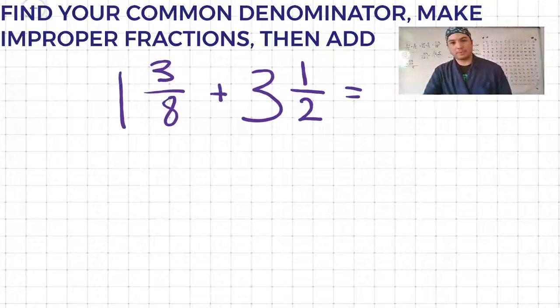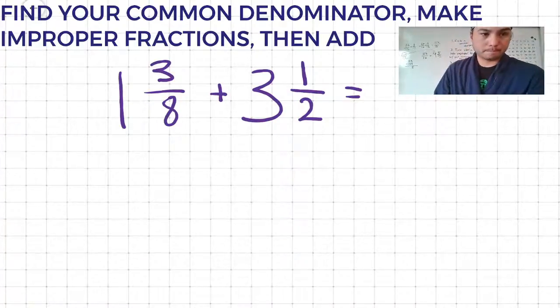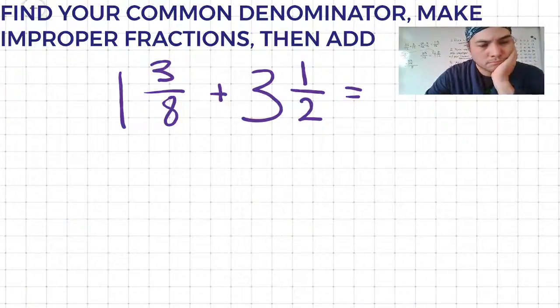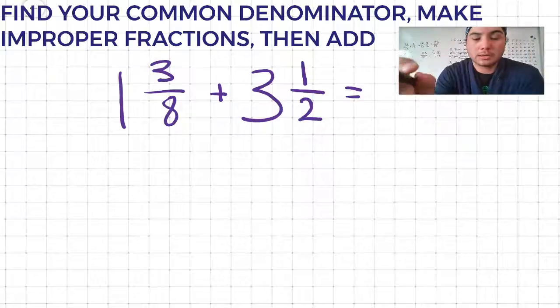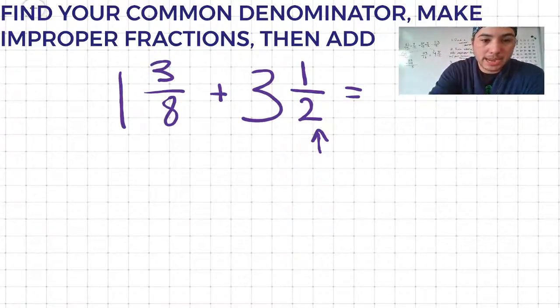So first step, find your common denominator. Our common denominator is going to be in eighths, right? Because this 2 will expand out, and 8 is a multiple of 2, so we can use that.